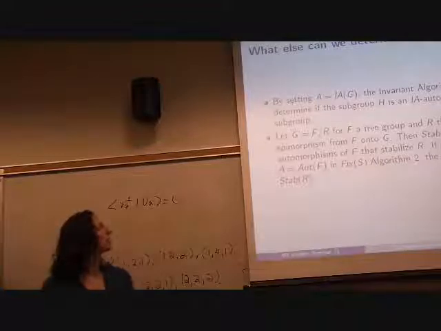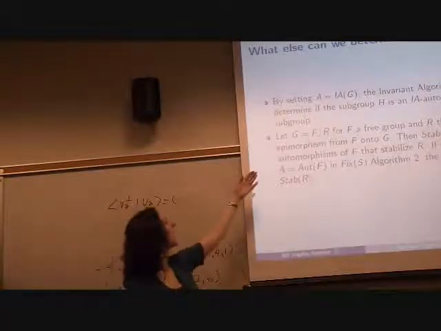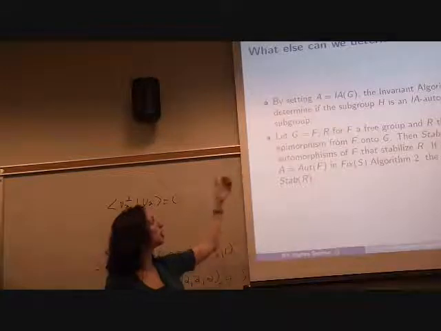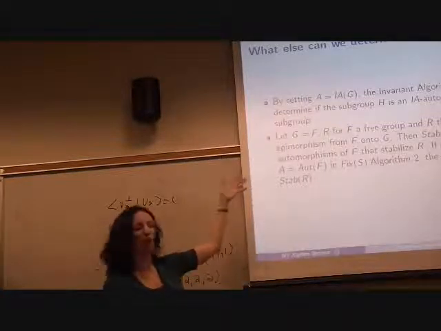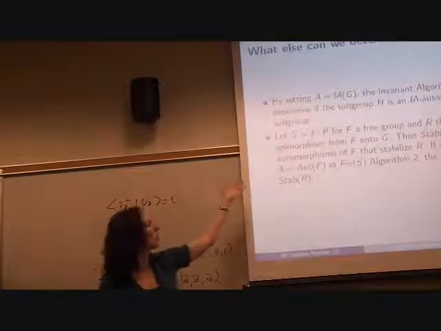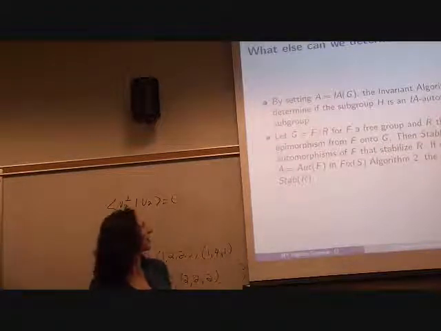And then another question that's interesting is, if you have a group and you view it as the quotient group of a free group by R, where R are the relators, and R is the kernel of the natural epimorphism, I'm just waving my hands and saying R represents our relators.